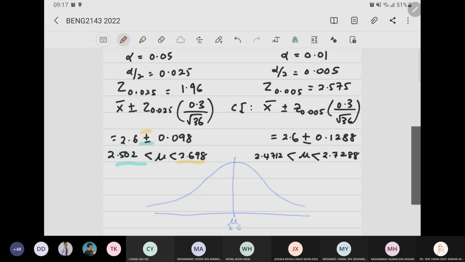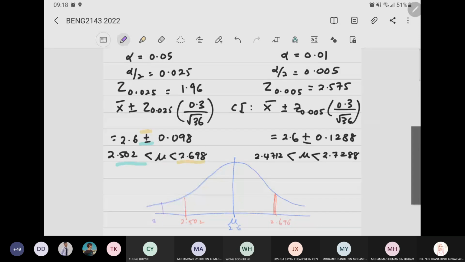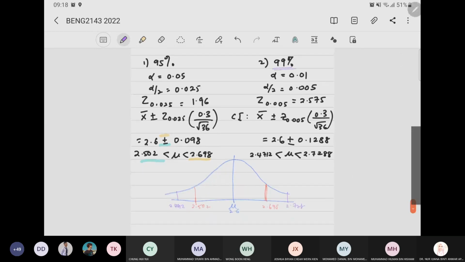For 95%, the data is stated between 2.502 until 2.698. And then for 99%, the data is 2.4712 until 2.7288. So you can see the region of this data and how this reflects back to the confidence level that you have.